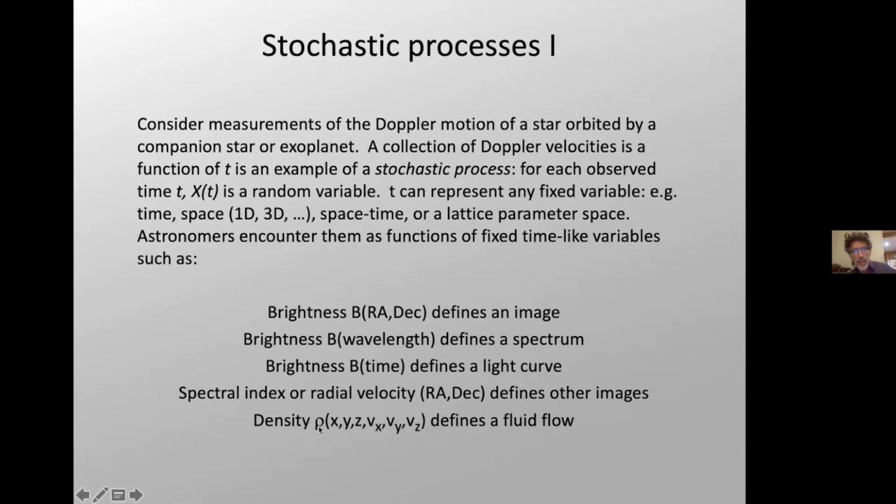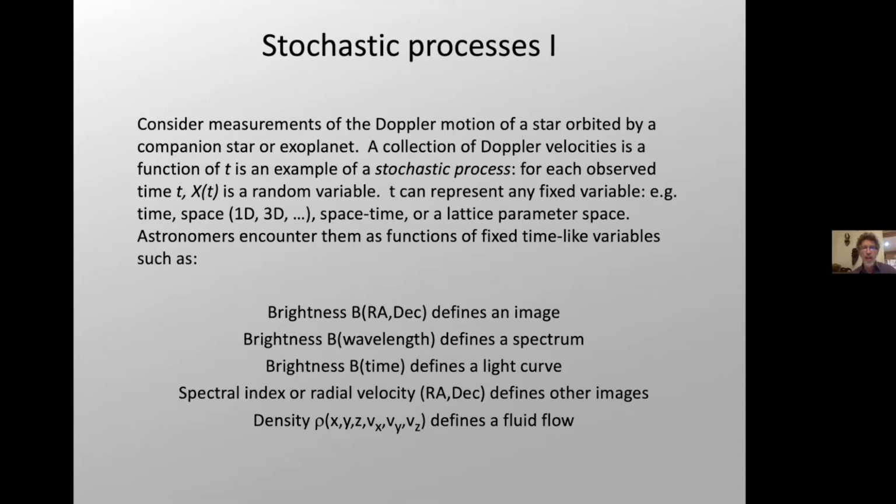How about something a little more theoretical, from theoretical astrophysics? What about the density of a compressible fluid as a function of 6 variables, location in 3 dimensions and velocity in 3 dimensions? We call that phase space. And so that can also be viewed as a stochastic process.